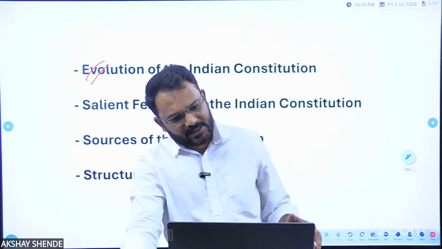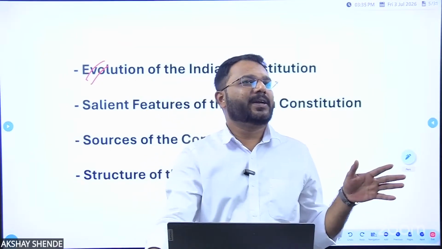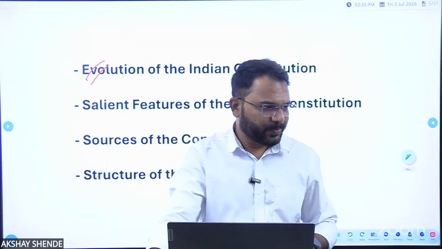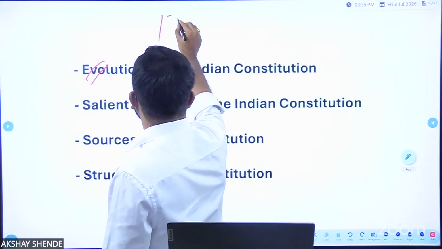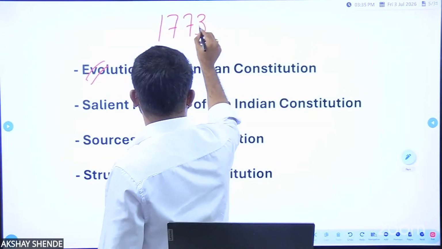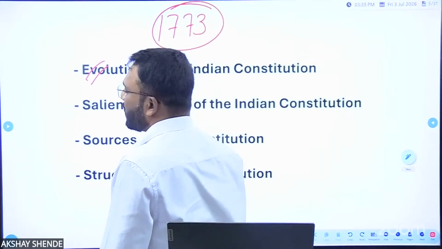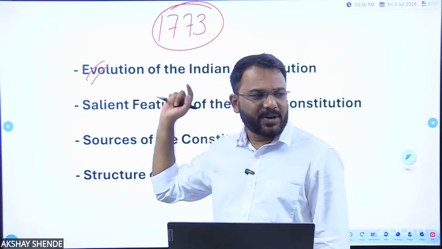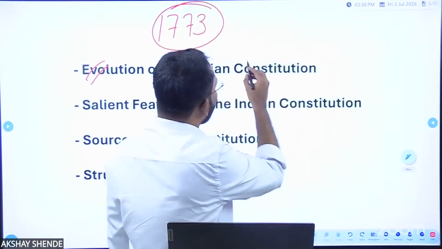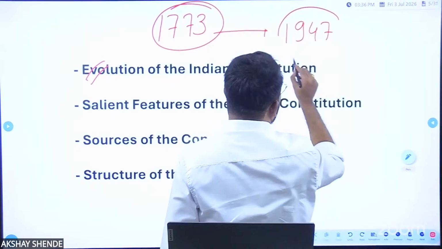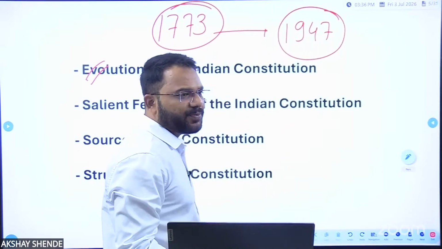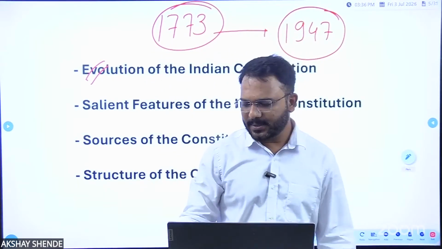And these laws were also not implemented in a single go or a single year. It started being implemented due to many reasons. We won't go into the reasons. Okay, it started in 1773, and it continued till 1947. Why? Because we got independence in 1947, on 15th August. Yes.